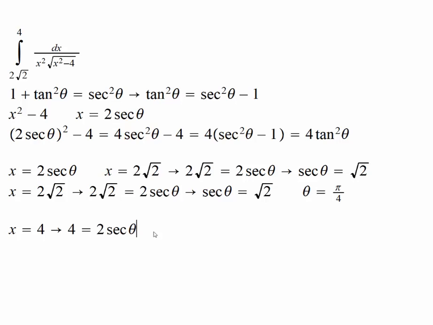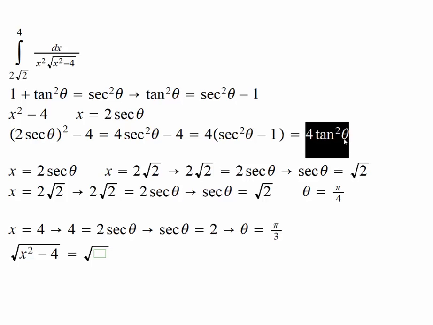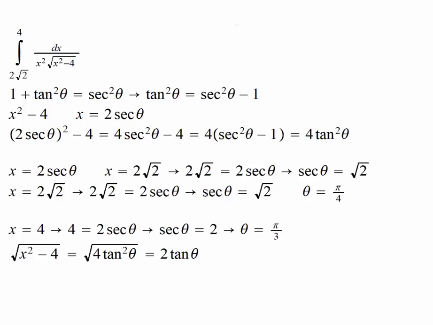All right, that means secant theta is 2, which means cosine theta is 1/2, so our theta there is pi over 3. So in this territory, tangent is positive. So what we shall get for square root of x square minus 4 is simply the square root of 4 tangent square theta that we found here. And since tangent is positive in here, this will just turn out to be 2 tangent theta.